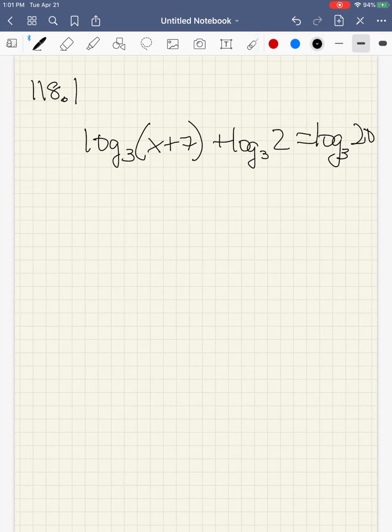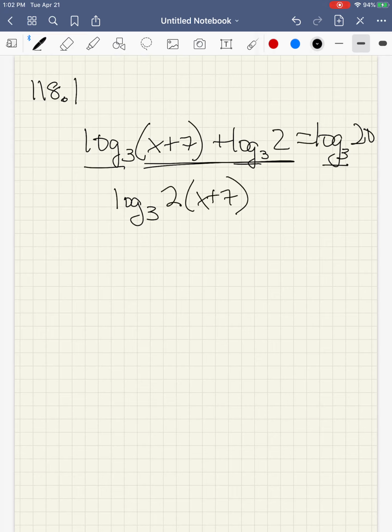All right, so now what we're going to do here applies because every one of these is a log base 3. If they didn't have the same log bases, we wouldn't be able to do this. But this right here is log base 3. Remember, if these are added, it meant they're being multiplied. So this would be 2 times x plus 7.